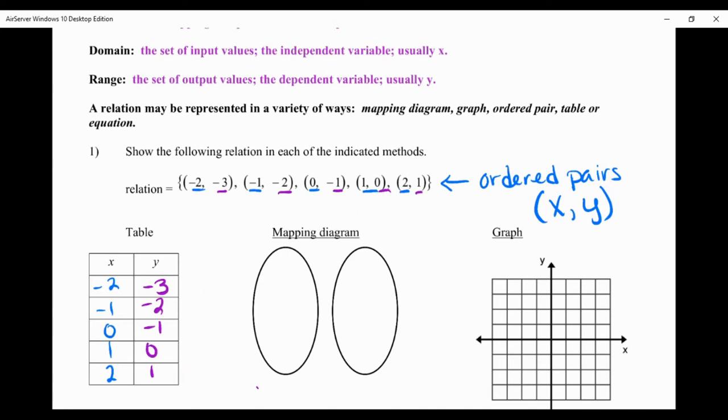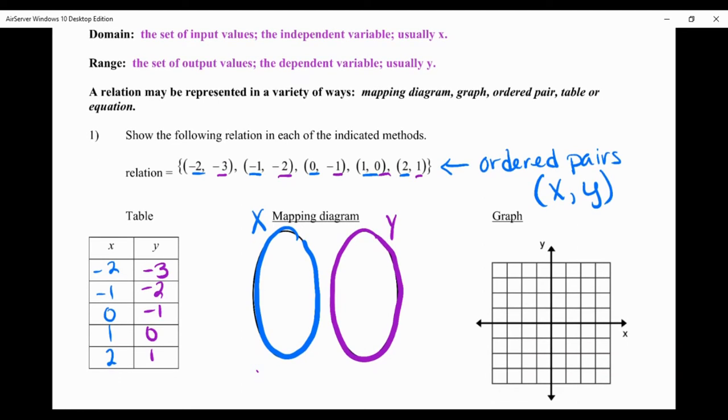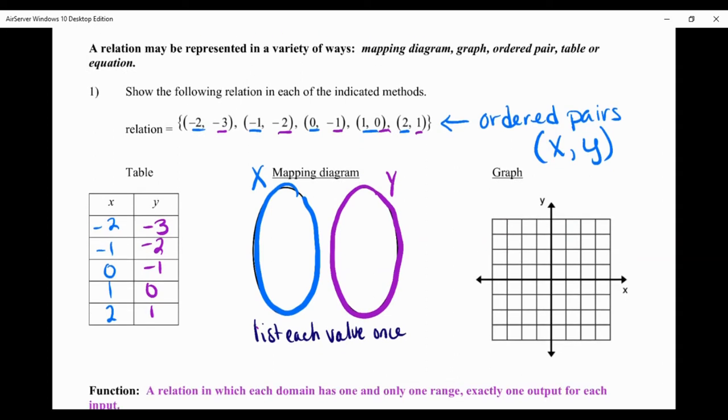For the mapping diagram, this first oval is going to be where all of our x values are, and the second one is going to be for all of our y values. We only need to list each value once. And these are typically in increasing order, meaning going from the smallest value to the largest value.